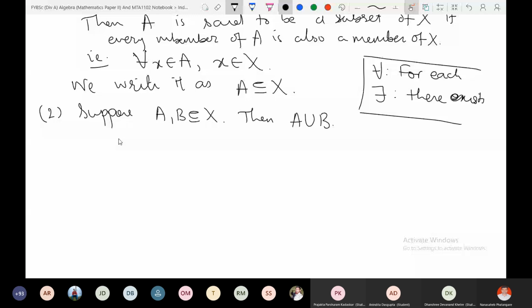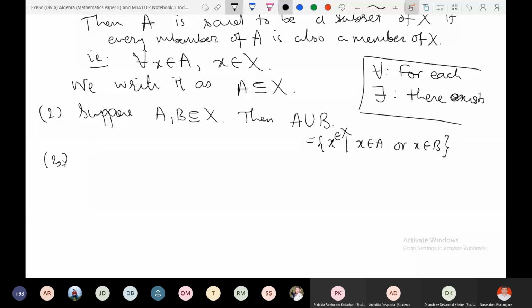A union B is the collection of all those objects such that x is in A or x is in B. The collection of all those objects from the universal set X. Universal set is X. And what is union? The collection of all objects which are either in A or in B. That you can clearly understand. No need to have a detailed explanation.